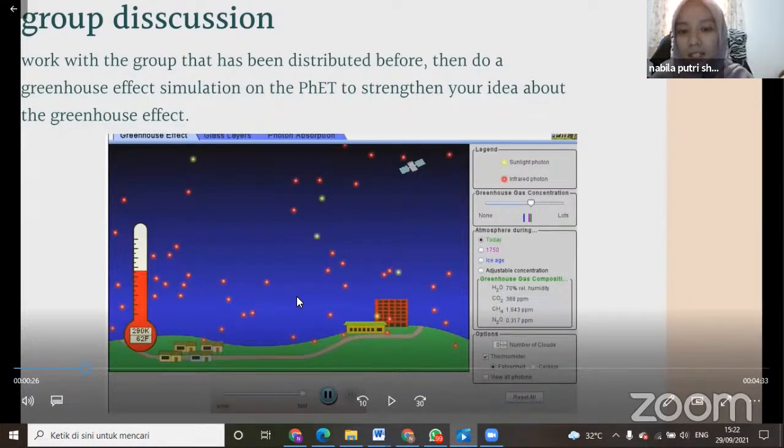Then the gas that we release from our activity goes up to the atmosphere, and then they line up and cover the atmosphere.